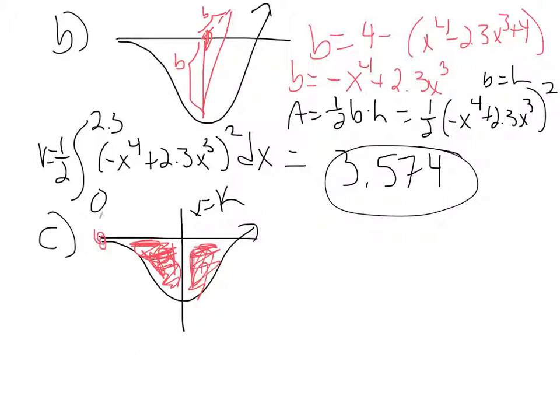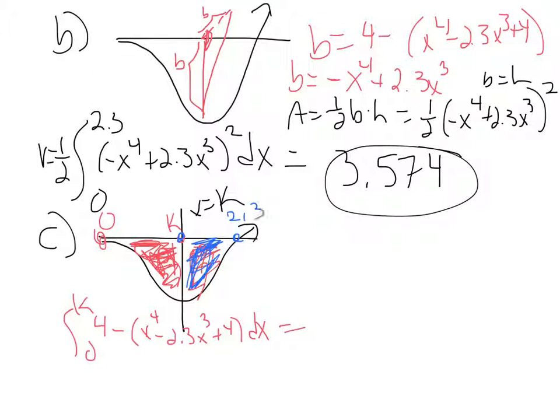If this is 0 and this is k, then this is just the integral from 0 to k of 4 minus x to the 4th minus 2.3 x cubed plus 4 dx. And that'll just equal the other side, where this is k and this is 2.3.